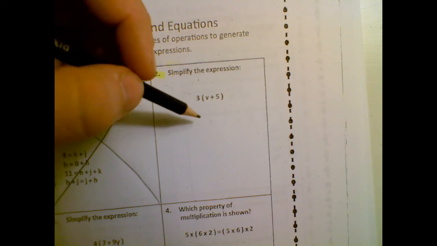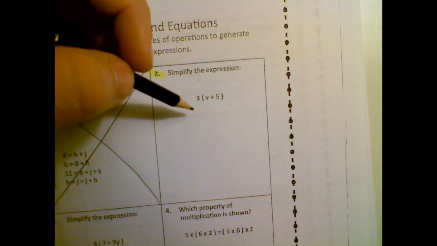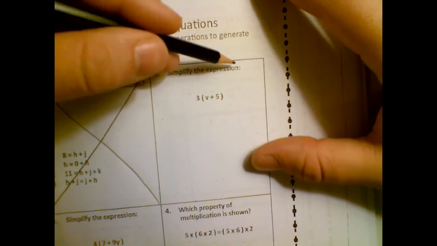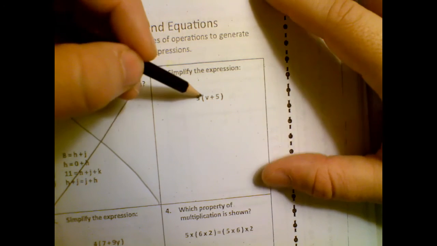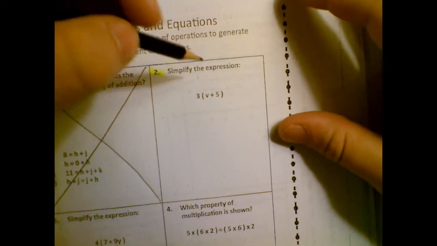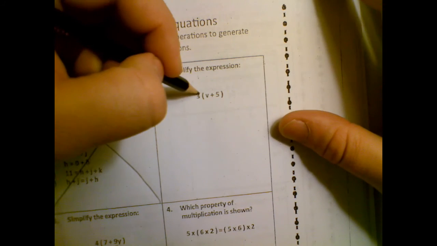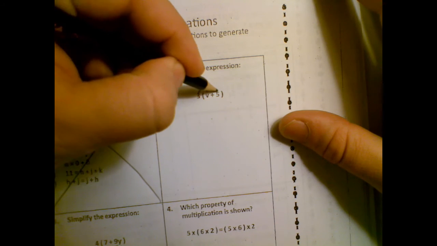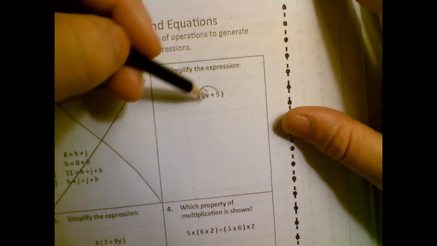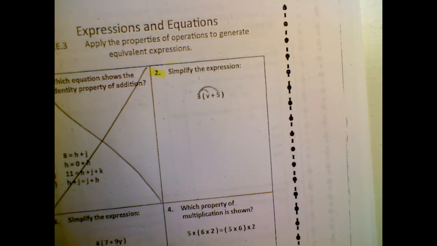Now, let's see. So when it says simplify, it means that we're going to use what we call the distributive property. You might remember the ice cream and the 2 kids. Okay, so we're going to do the little rainbow things here. We're going to distribute this 3 to both parties inside the parentheses, right?